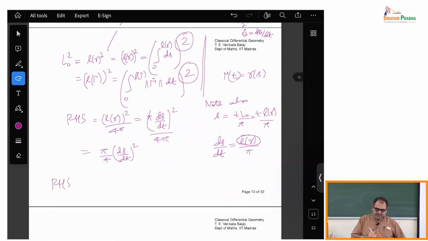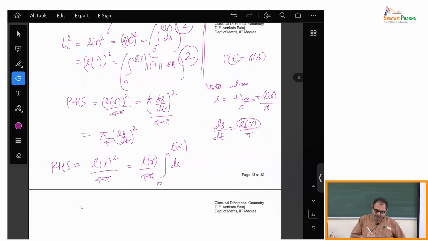So there is a small but silly manipulation that has to be done. The right hand side is L gamma squared by 4 pi. You keep one L gamma by 4 pi out, and then write the other L gamma as the integral from 0 to L gamma of ds, because if you integrate this, you will get L gamma.